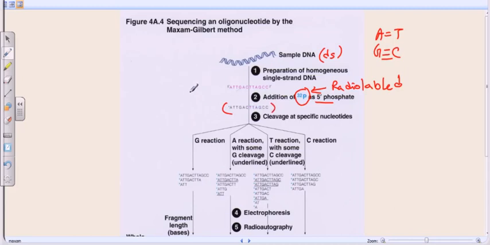Now this is the preparatory phase for the Maxam-Gilbert reaction. Once we prepare our DNA by tagging it with radio-labeled phosphorus at the 5' end, we start the major process for Maxam-Gilbert, and that is the chemical termination process.